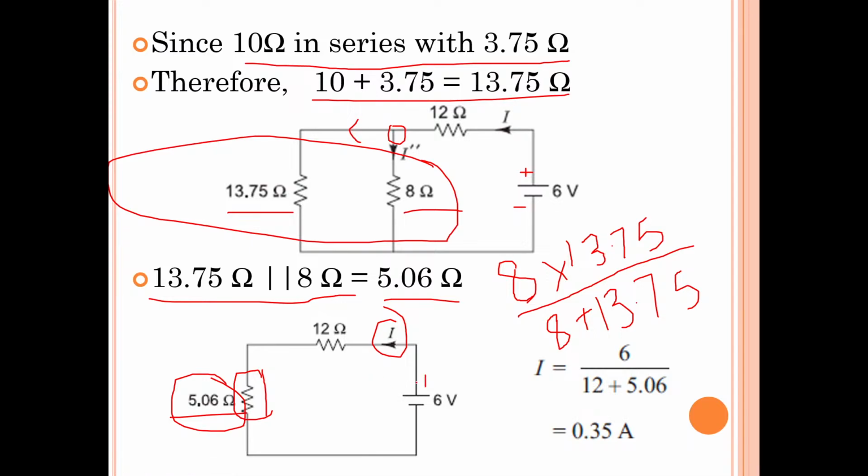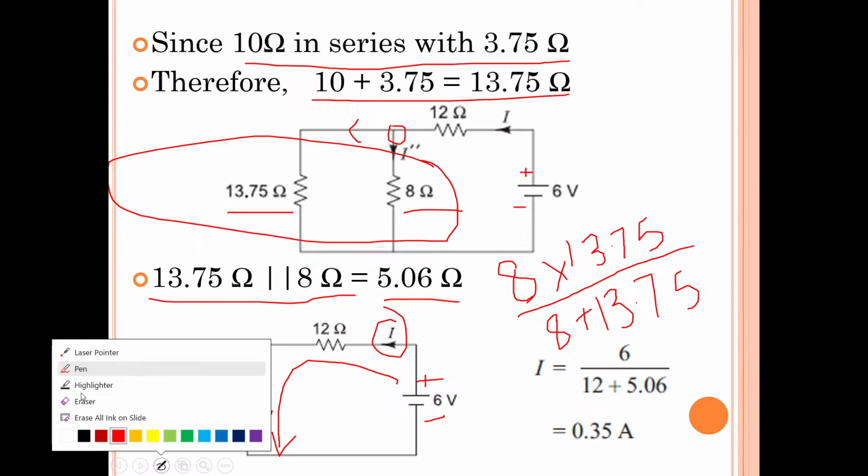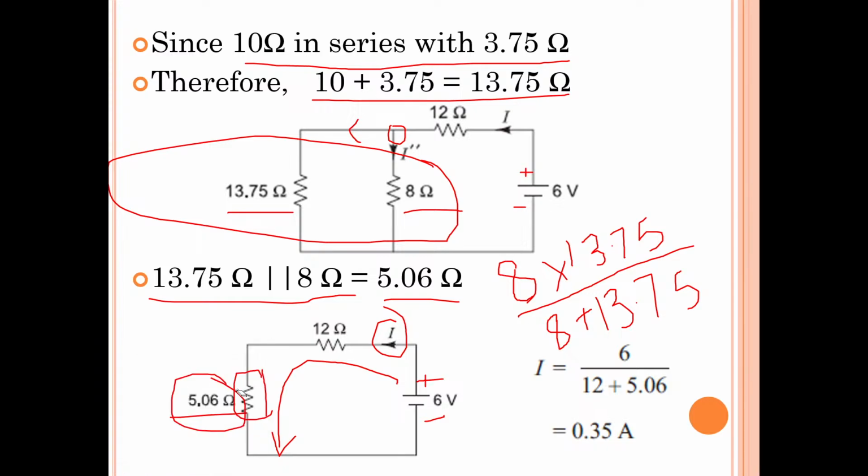From the positive terminal, I amperes of current flows through 12 ohms, and the same current will flow through 5.06 ohms.